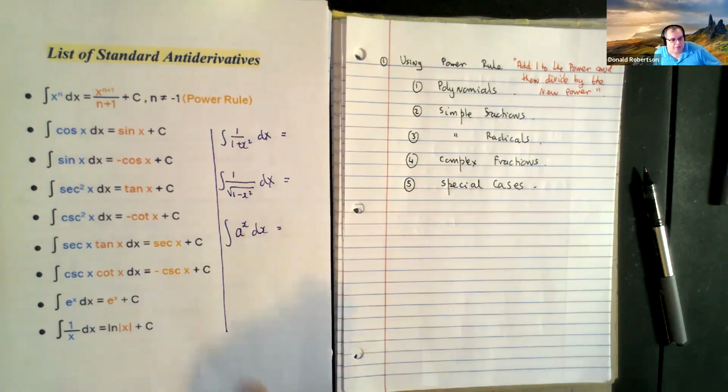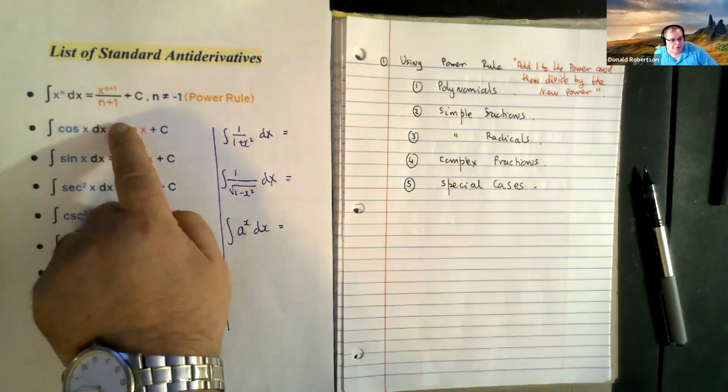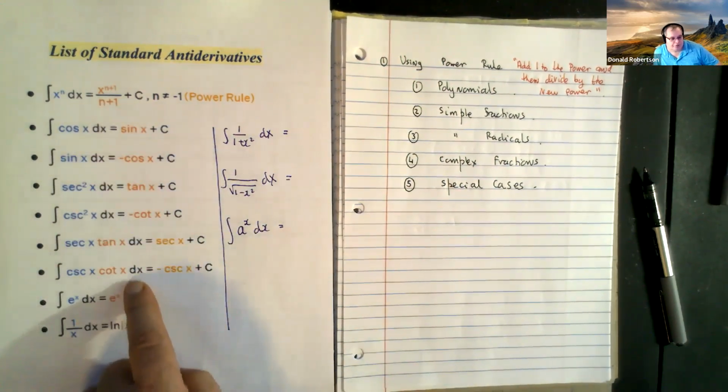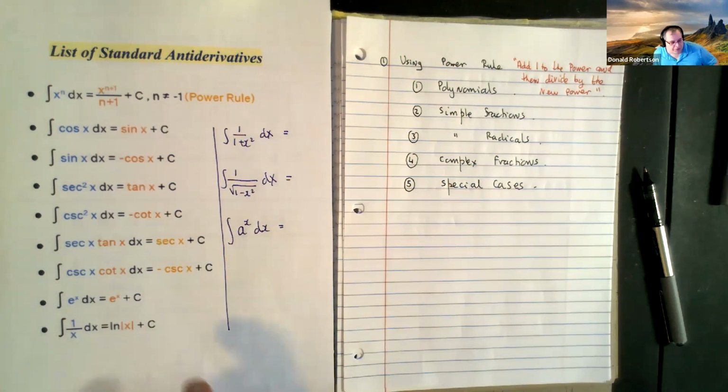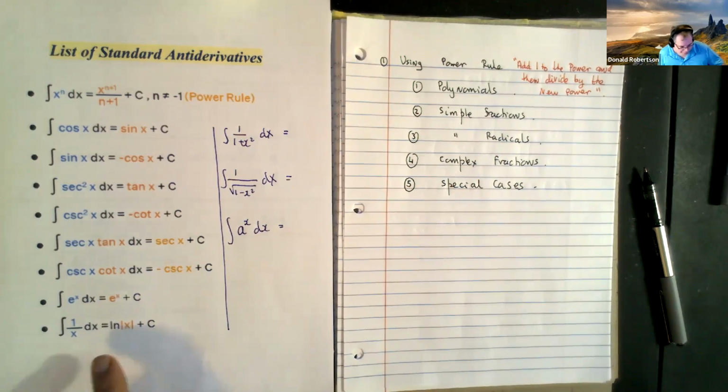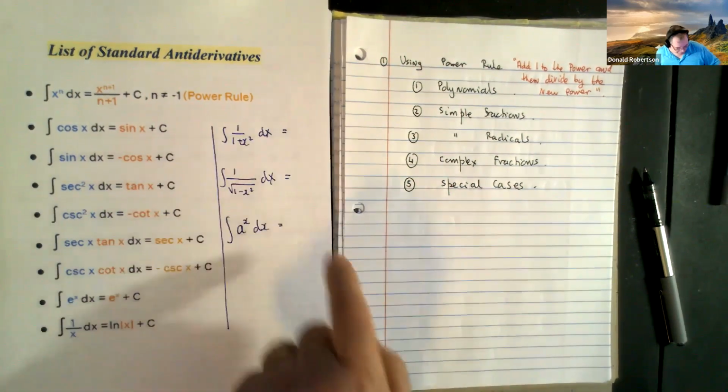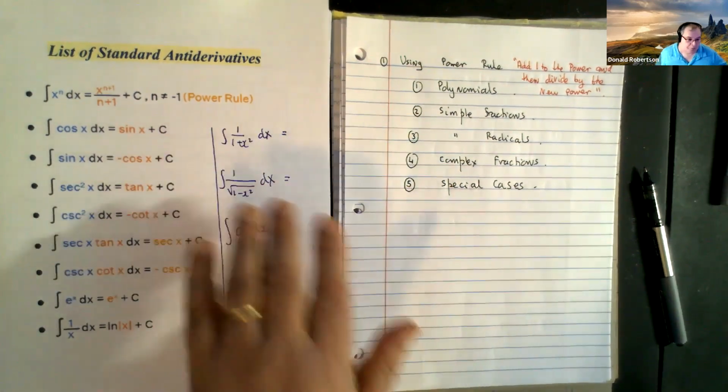Essentially, we have a power rule, and this bunch of questions involves all the antiderivatives that are simple to find. And there's my favorite, e to the x. The antiderivative of 1 over x is log x, and a few others that we won't need today, but we will need eventually.